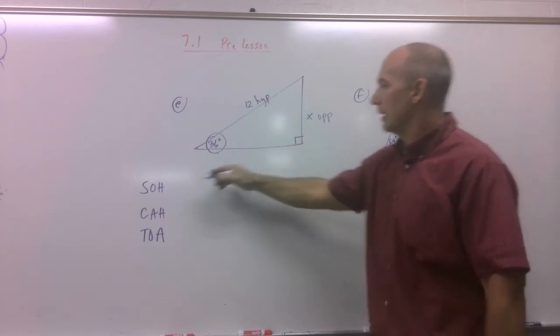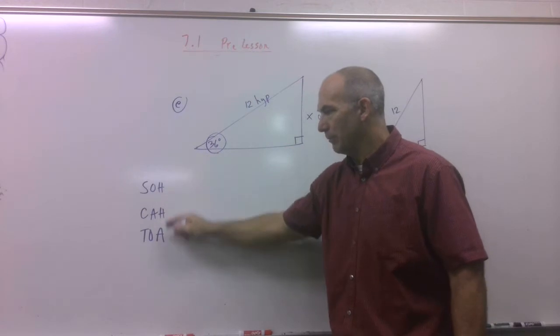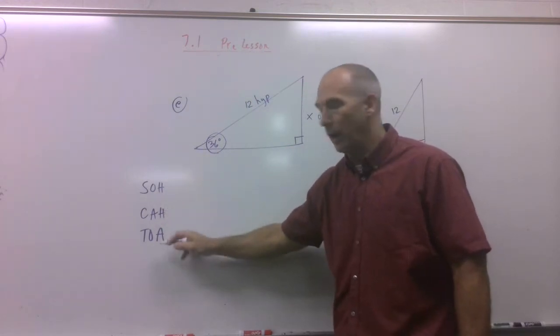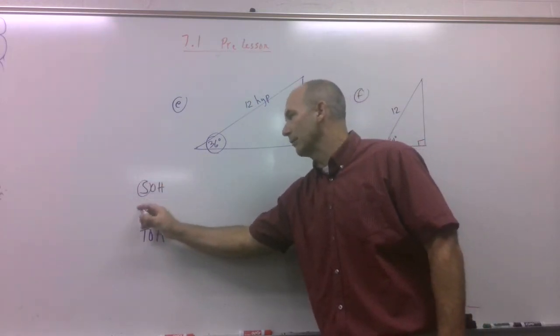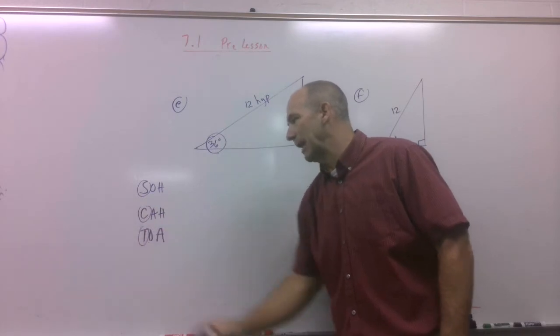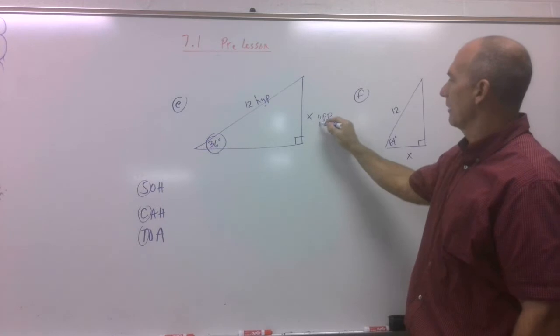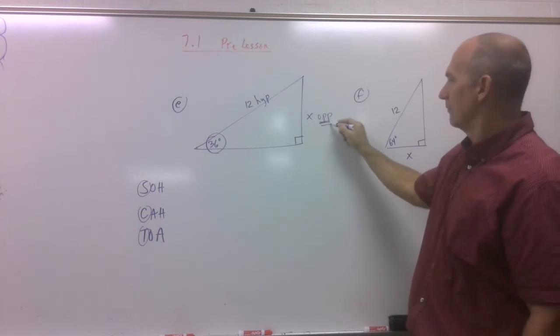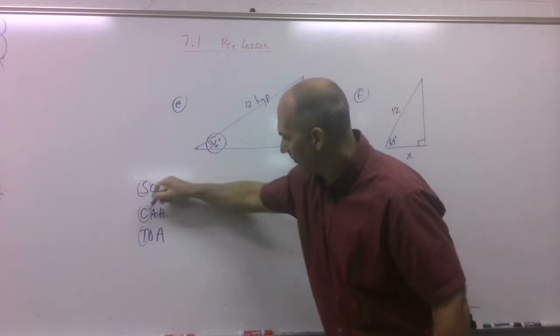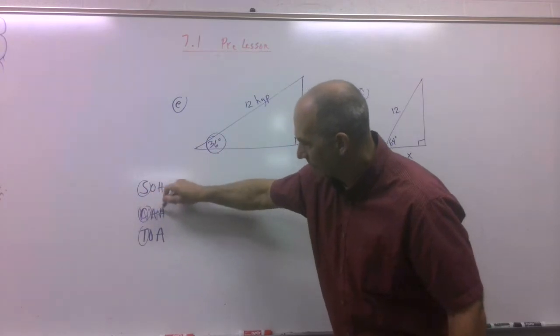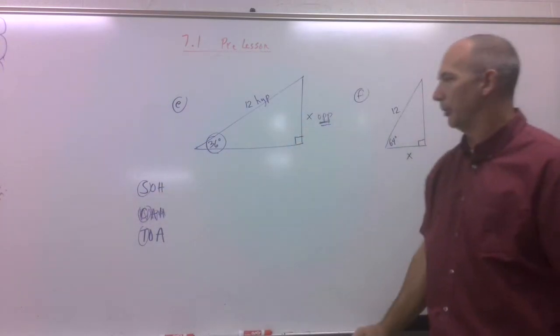So I look at my 3 trig memory tools, SOHCAHTOA. This is talking about sine, cosine, tangent. And I have to ask myself, which one should I use? Well, notice x represents my opposite side, and I see that cosine doesn't even involve the opposite side, so I'm going to kick that one to the curb.